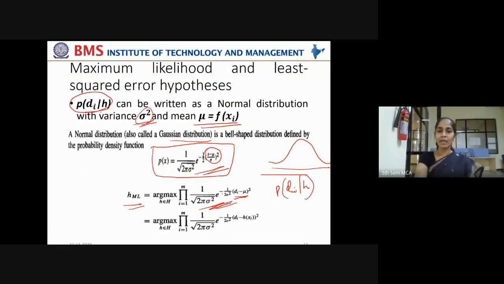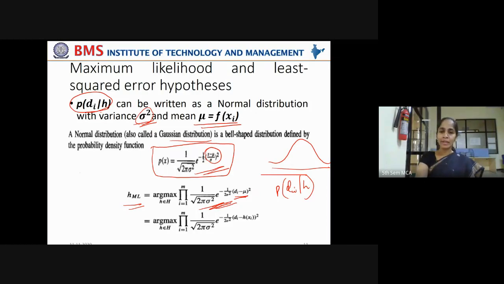So it becomes minus 1 by 2 sigma square multiplied by, instead of x, di, that is the training example, di minus mu whole square.